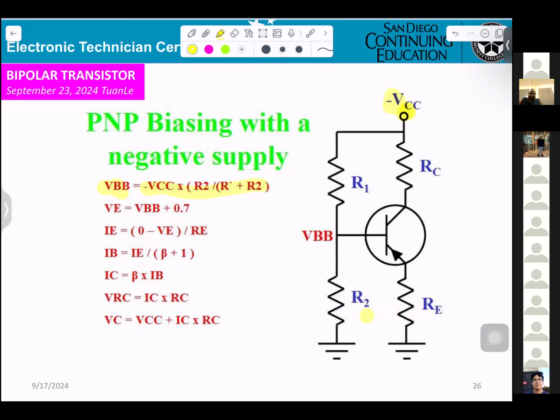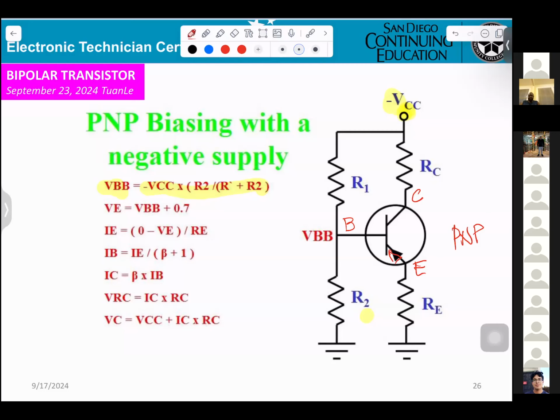Same thing like NPN. VE, resistor. You know that is the base. That is the collector. That is the emitter. And this will be a PNP, the arrow coming in. Okay?